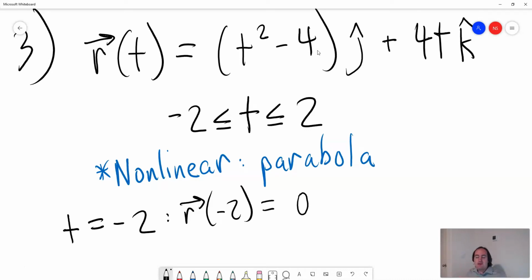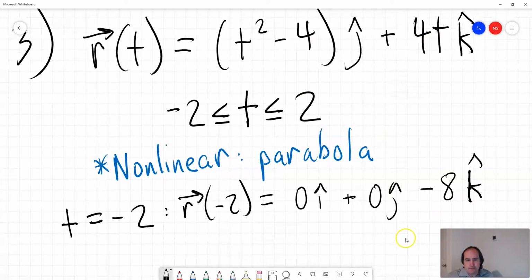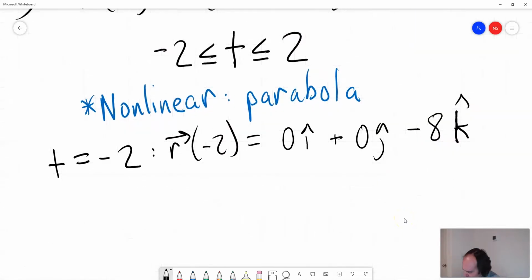And don't forget i, because they didn't write it, we have a 0i as well. So we have 0i plus 0j minus 8k. And I got the minus 8k because -2 times 4 is -8. Okay, so we have 0, 0, -8.